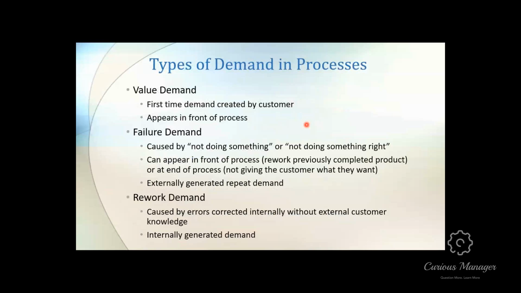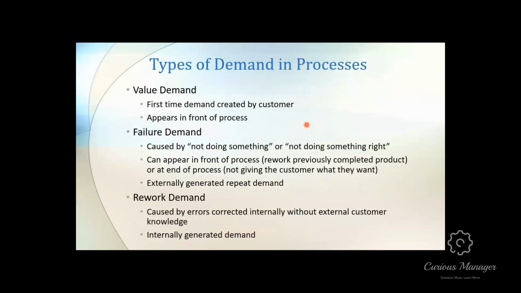So now we have failure demand. Failure demand is caused by not doing something or not doing something right. And this can appear either at the front of the process or at the end of the process. Let me explain this. Let's say a person says, I want a blue car, and the process outputs a red car. We got this red car here. We go, okay, well, this is wrong. So we need to rework it.